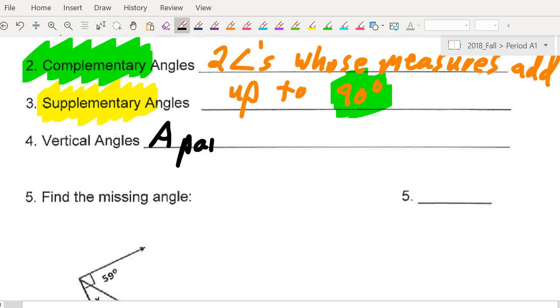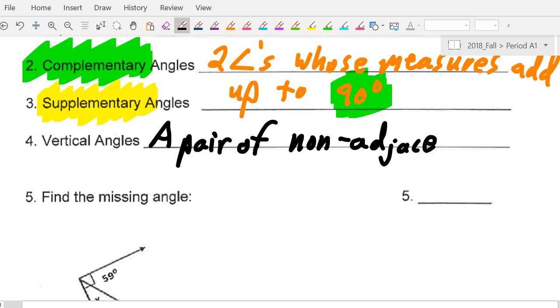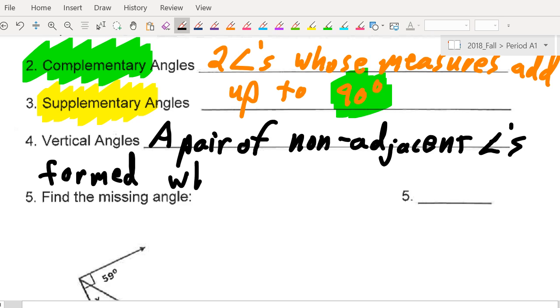A pair of non-adjacent angles, that means they're not next to each other. They're actually across from each other, aren't they? A pair of non-adjacent angles formed when two lines intersect.